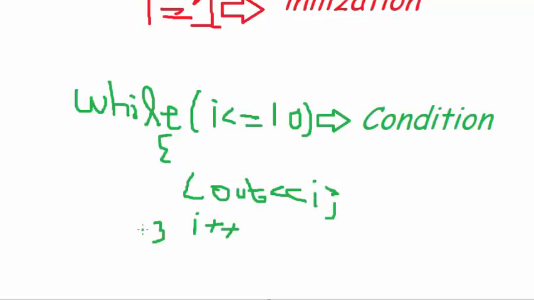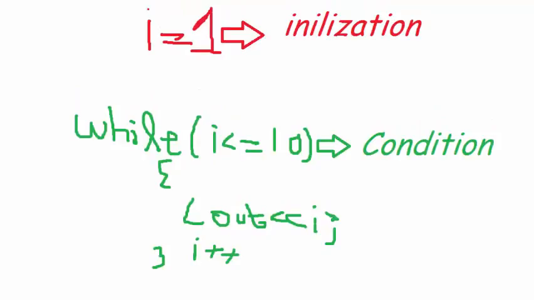As you can see, if you want to print numbers 1 to 10, our loop starts from this 1. We can also start it from 2, 3, or 5, whatever we want, but for this demonstration I'm going to start it from 1 to 10. What happens is that it goes from here to here.